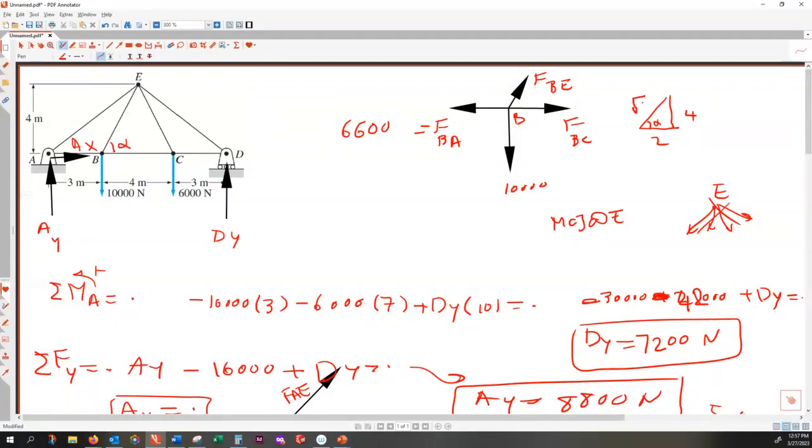That is root 20. And therefore, if I write the equilibrium of forces vertical, that is FBE times sine alpha, which is 4 over root 20, is equal to 10,000.